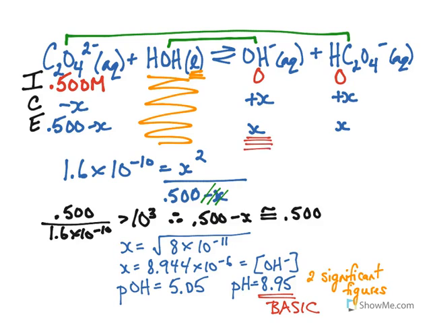I get that answer and take the negative log, and that allows me to determine the pOH of solution, and then I subtract that number from 14 and determine to two significant figures that this will be a basic solution, as expected, because my original equation identified the oxalate ion acting as a base to turn into its conjugate acid.